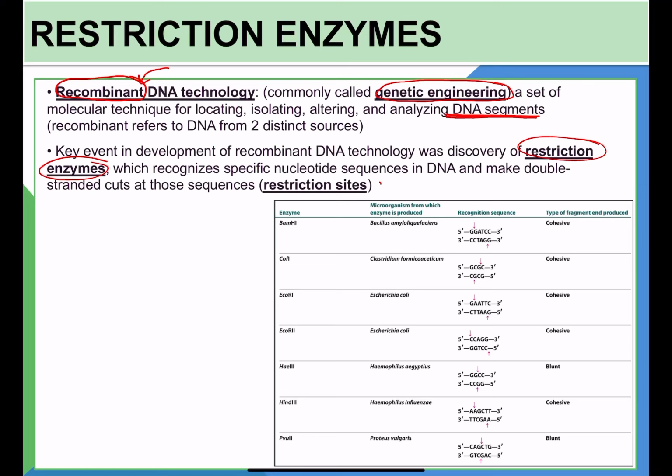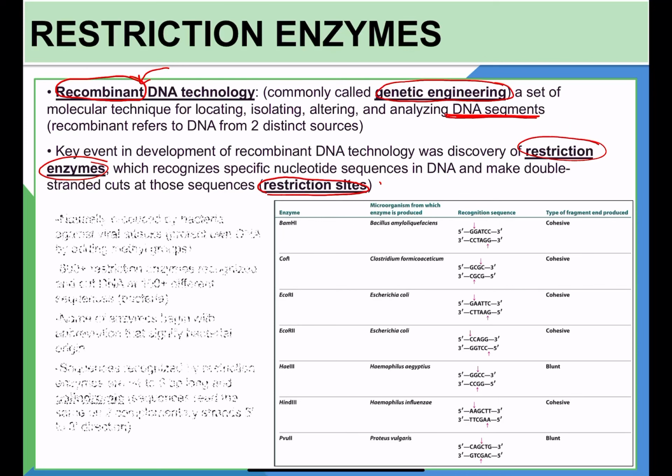All right, so restriction enzymes are proteins that recognize a specific sequence in the genome. We call these specific sequences restriction sites. Once the enzyme recognizes a sequence, it acts like a pair of scissors, literally, and cuts the DNA on both strands.